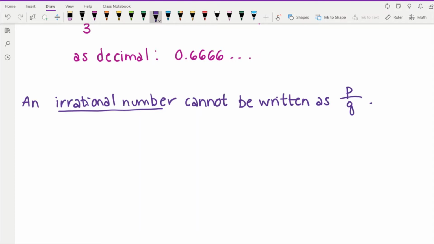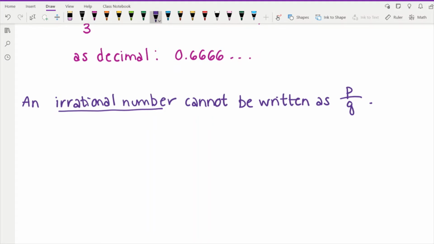And then the thing that's going to be really important in this video, or for understanding what irrational numbers look like, is that they have infinitely many decimals, and those decimals don't repeat with any specific pattern. I hesitate to say random, but if you just looked at the decimal places, it would seem really random. It just kind of keeps going and going and going with all sorts of different numbers.